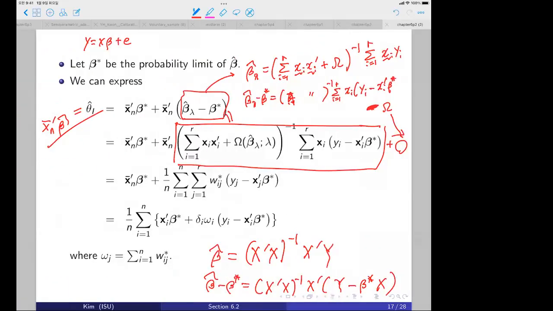But it should work for ridge regression at least, because ridge is nothing but additional observations. So you can still view it this way, just as additional observations.